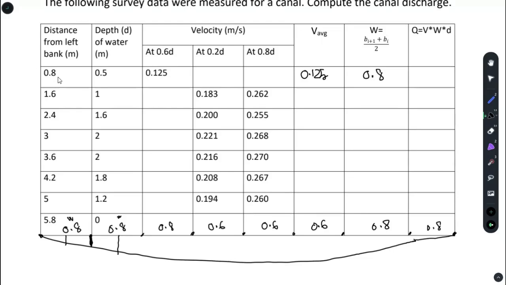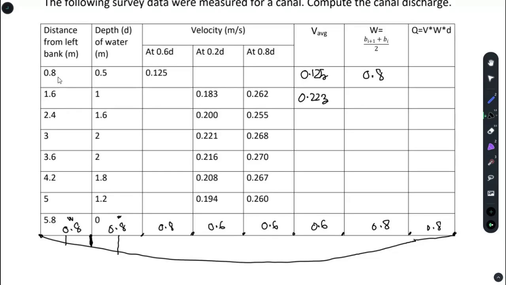And for this section, the second one, you would take an average of the two velocities at 0.2 depth and 0.8 depth. So you will get an average velocity of 0.23.